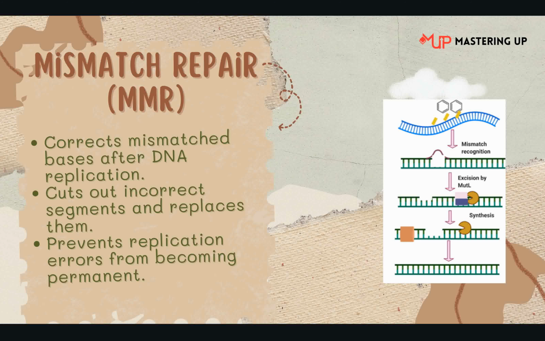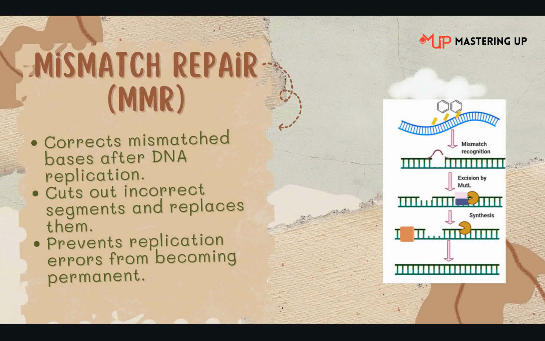It detects mismatched bases, like when adenine pairs with cytosine instead of thymine, and then it removes the incorrect segment. So this reduces mutation rates and is vital for genome stability. So this is how mismatch repair, or MMR, takes place.